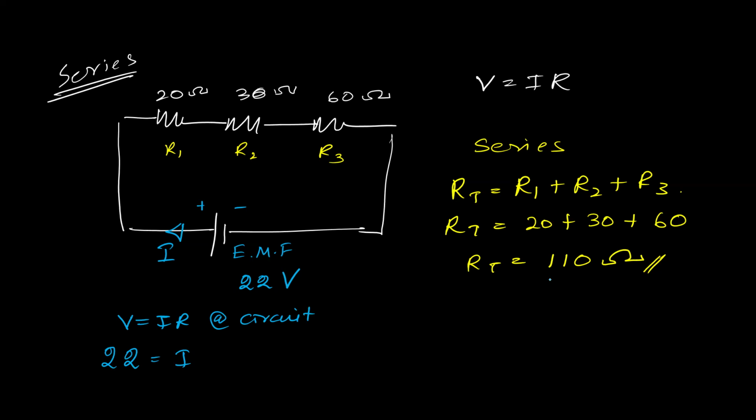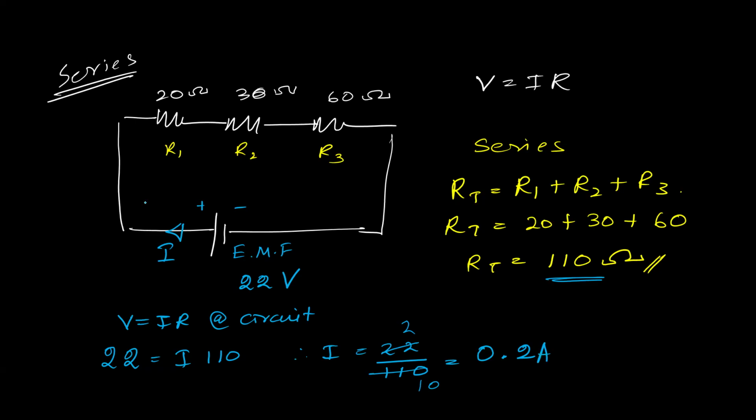Total resistance is already found, 110. Therefore, current through this circuit is 22 over 110. You can divide this by 11, that will be 2, divide this by 11, it will be 10. 2 over 10 is 0.2 ampere.